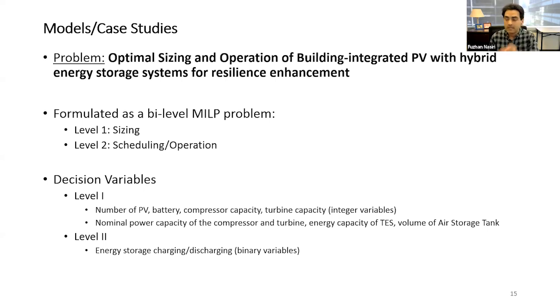I forgot that this study also has a thermal energy storage system. So there are 3 types of energy storage systems, and the TES, thermal energy storage, is for the heating supply, basically. And at level 2, which is the scheduling operations, the main thing would be charging and discharging of this energy storage capacity while we are responding to the load.